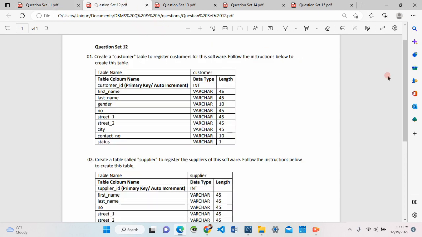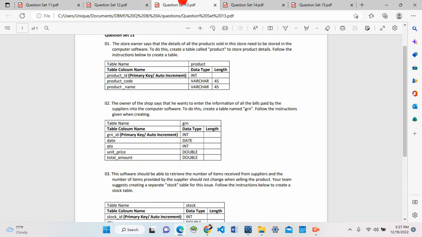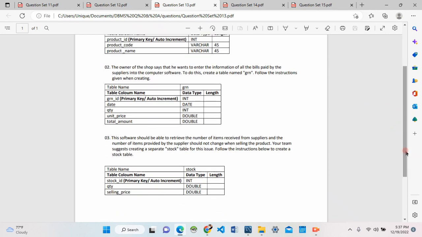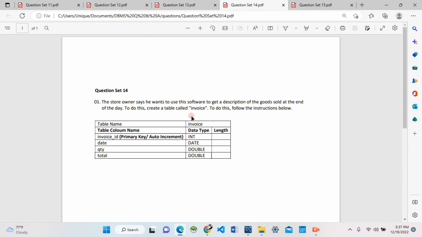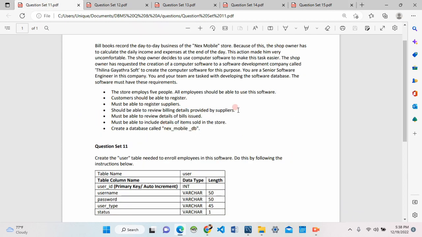In question set 12, we created the customer table and the supplier table. In question set 13, we created the product table, the GRN table, and also the stock table. In question set 14, we created the invoice, and in question set 15, they have told us to mark the relationship between the tables that we created in the database called Next Mobile DB.